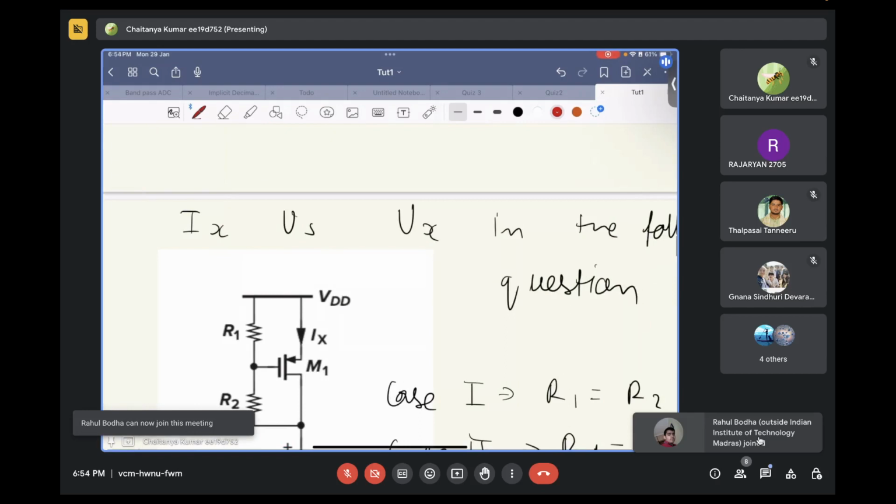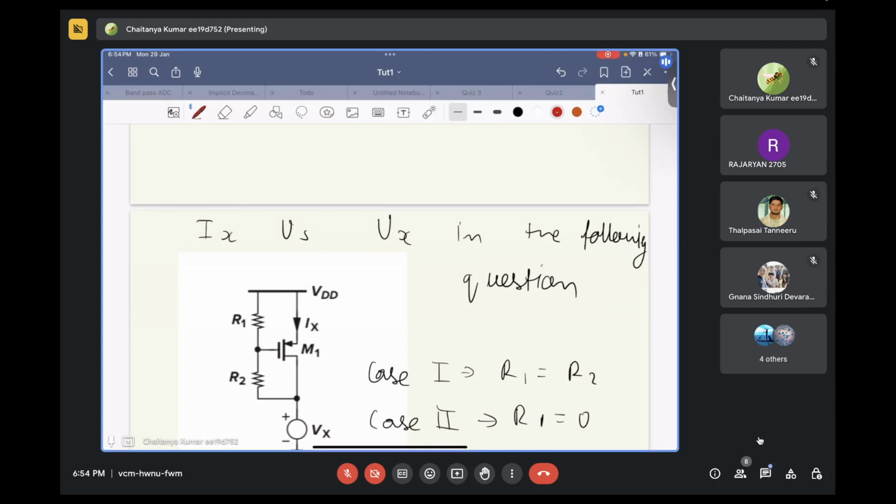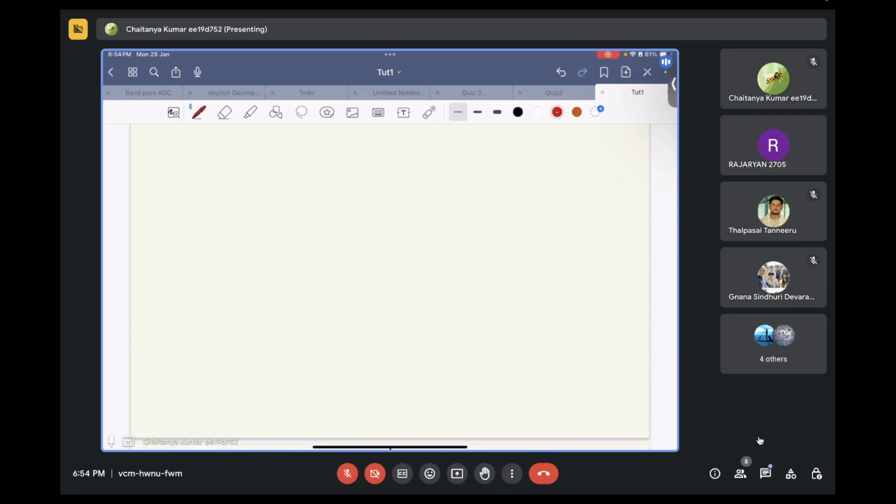Before I move to the other question, you guys have been introduced to MOSFET characteristics, right? Yes, sir. So can we quickly revise the characteristics that we have seen?